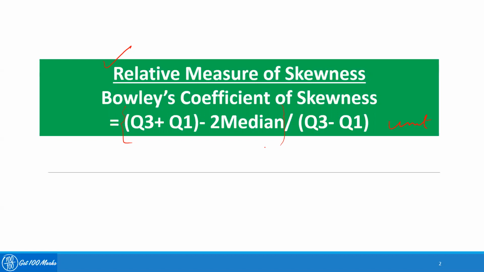Suppose we are measuring income, so the numerator will be in rupees and the denominator will also be in rupees, so they cancel each other and there is no unit. Therefore, relative measures of skewness are useful to compare two different types of data distribution with different units.